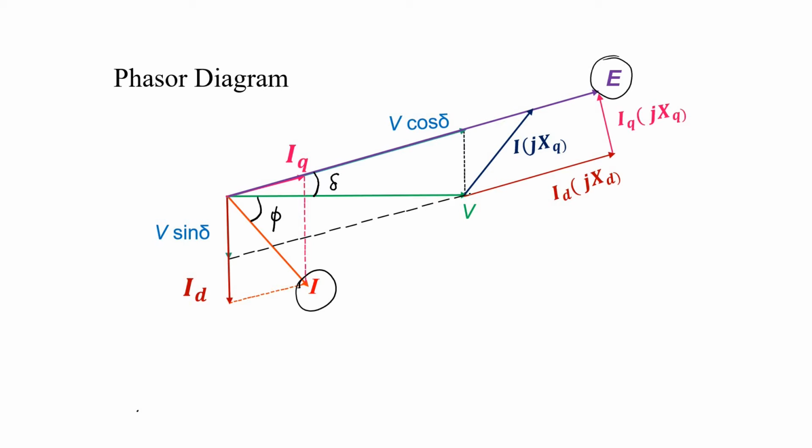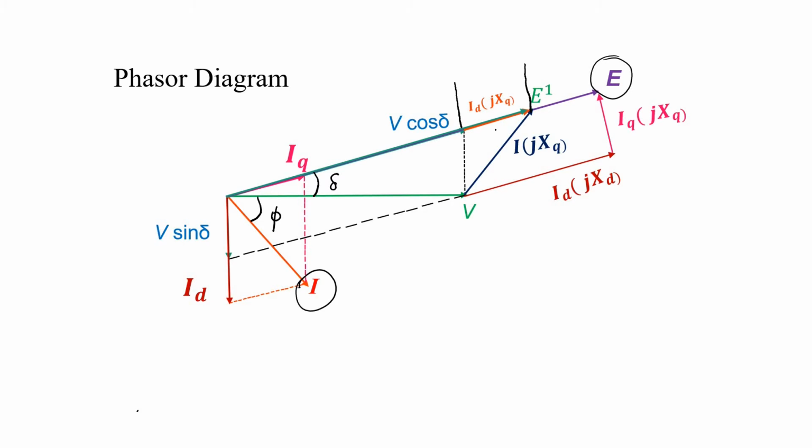Terminal voltage plus JI into XQ drop will give us the internal voltage with respect to the generator, that is E dash. What is this red color line in between? That means from this point to this point. So what is this drop? I have mentioned it as ID into JXQ drop.